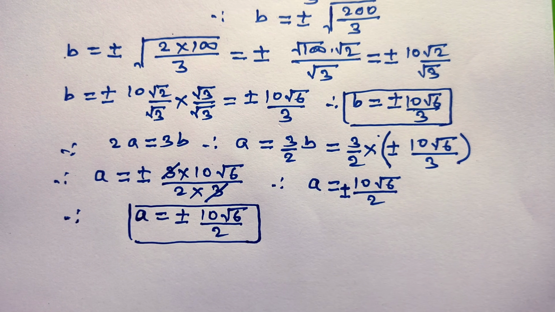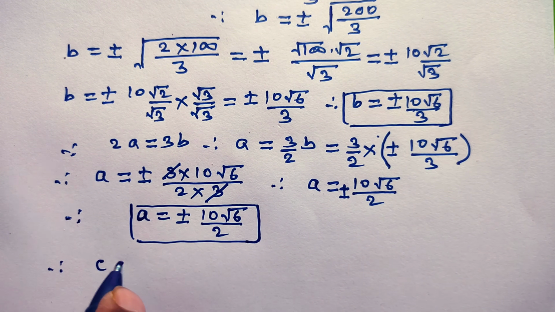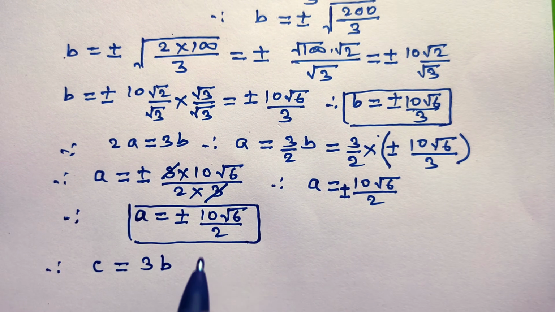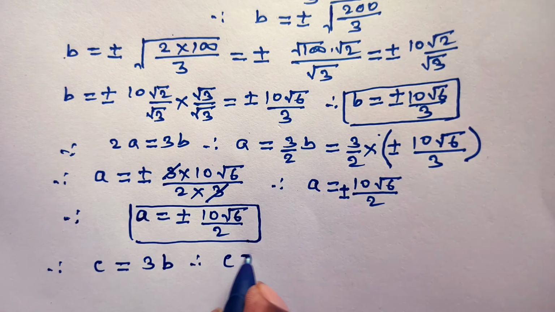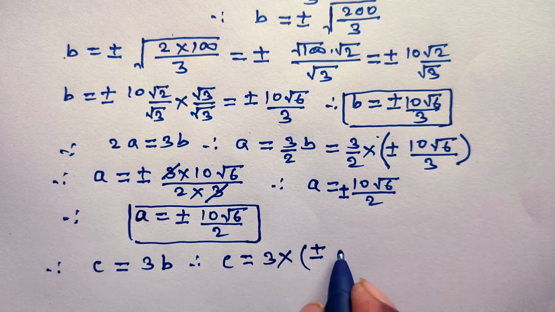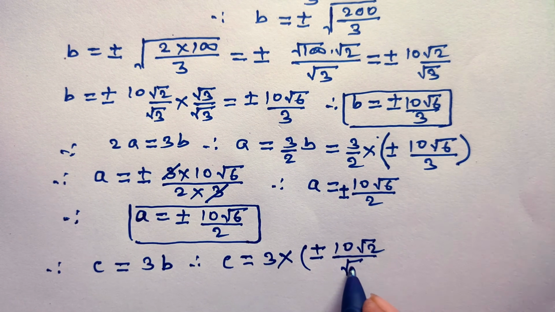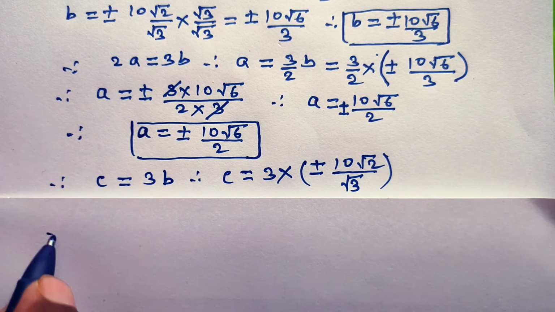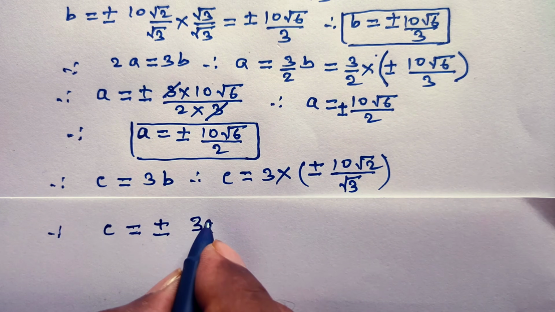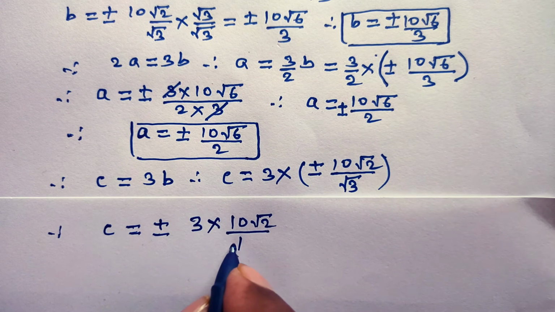Similar to this, we can find the value of C. Since we know C is equal to 3B and B is this value, we can put here. Hence C is equal to 3 into B, which is plus or minus 10 times root 2 divided by root 3. Simplify this. Hence C is equal to plus or minus 3 into 10 root 2 divided by root 3.